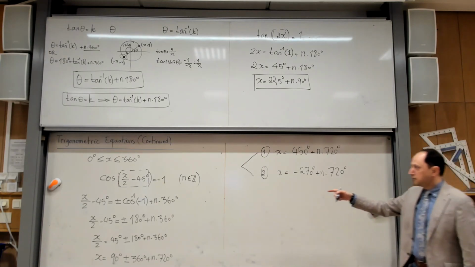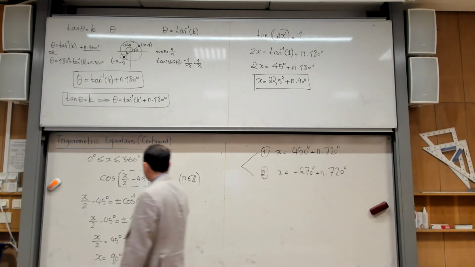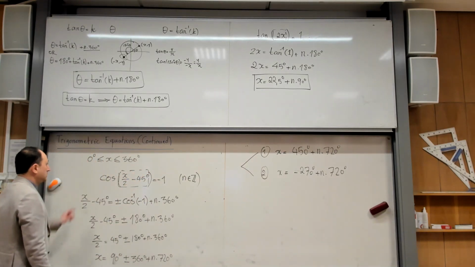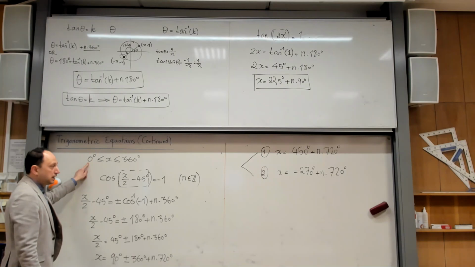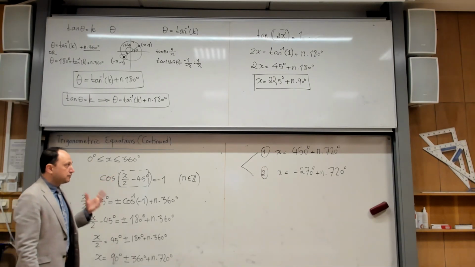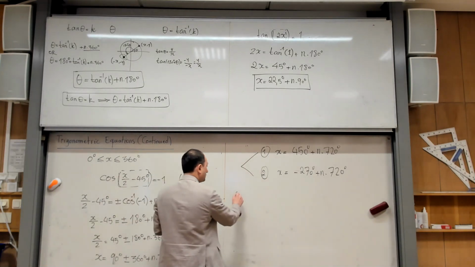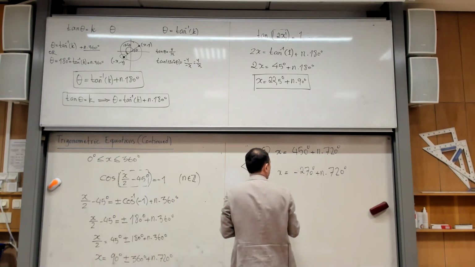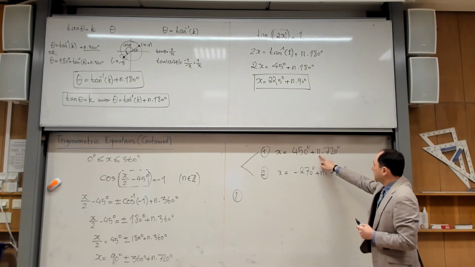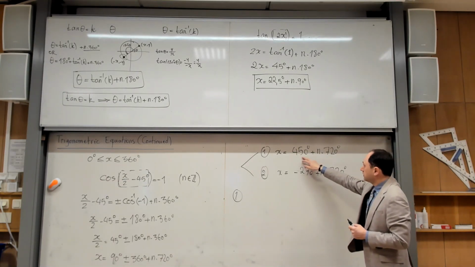But in the example in the book, they are asking you not for all infinitely many answers. They are only interested in the answers on this interval, okay? So then you have to go to number 1 and remember that this number n is an integer. For example, n equals 0 gives me 450.